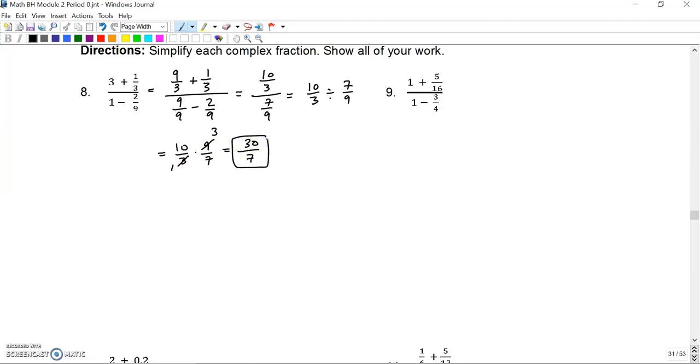And we'll leave these as simplified, if needed, improper fractions. Be careful because now they're throwing in the mix some adding and subtracting.